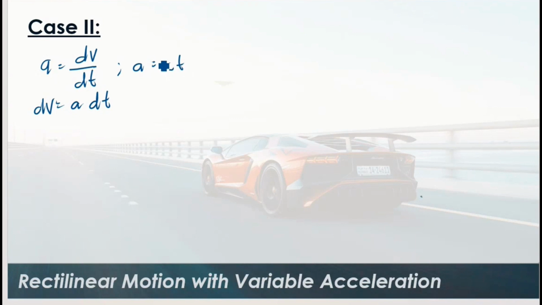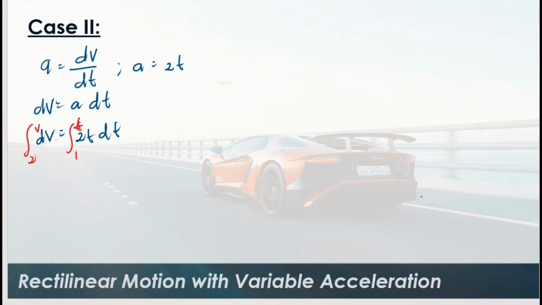So substituting, dv is equal to 2t dt. So we have to integrate this one. The velocity given to us is 2 feet per second, where time t is 1 second. That is, the limits are 2 to v and 1 to t, 1 second to t.